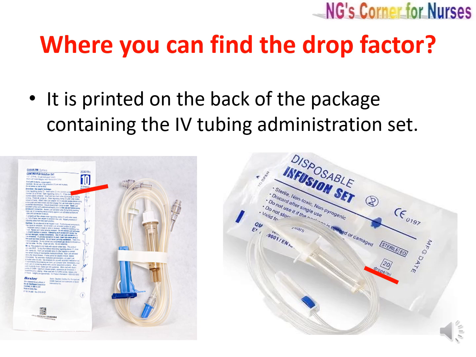In these pictures, in the first picture, see the highlighted area, 10 drops per ml. And in the second picture, see the highlighted area, there is mentioned 20 drops per ml. So, in the first infusion set, the drop factor is 10 drops per ml, and in the second picture, the drop factor is 20 drops per ml.